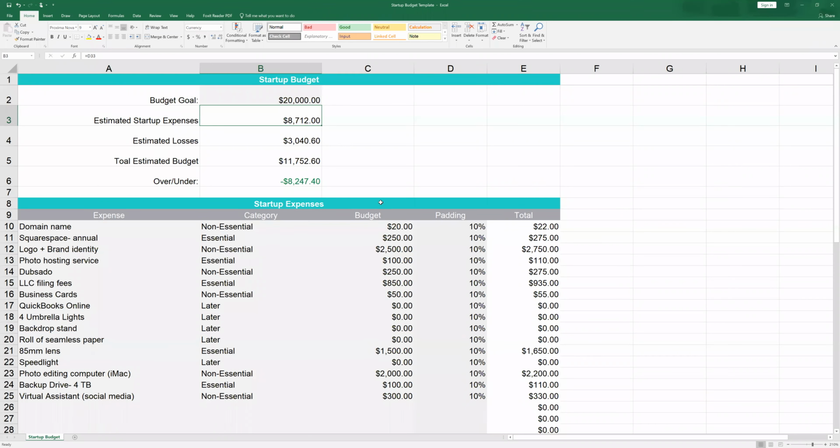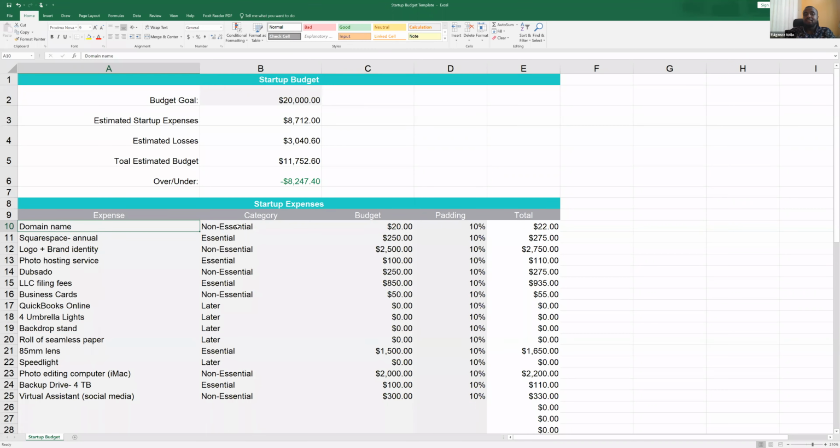Okay, we're going to have 2 of these so that you can pick which best suits you. So when you come to your expense, depending with the type of business you are, here is where you're going to put your expenses. So for instance, for this kind of business, you're going to have a domain name.